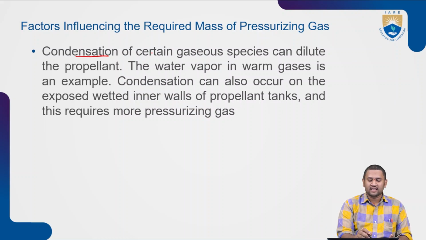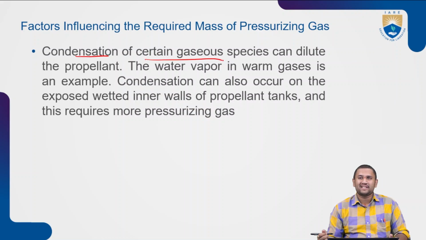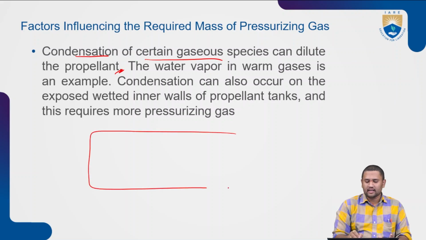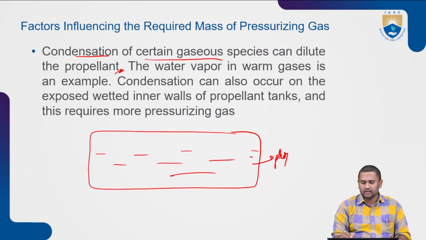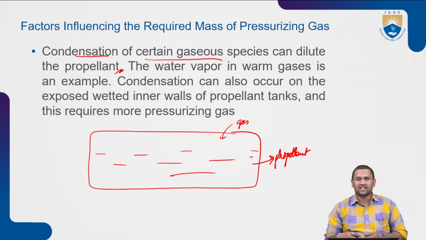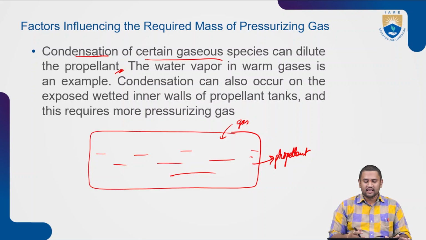What is the condensation? Condensation of certain gaseous species can dilute the propellant. For example, in a complete gas tank, my propellant, gas, particularly the pressurizing gas. Now what happens as the temperature fluctuation do occur in a tank?